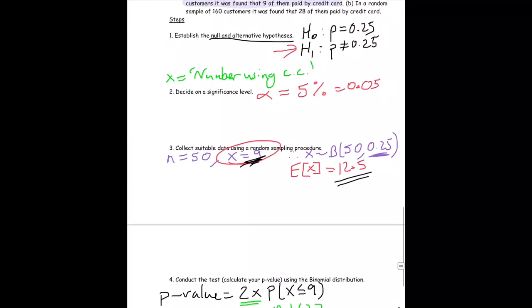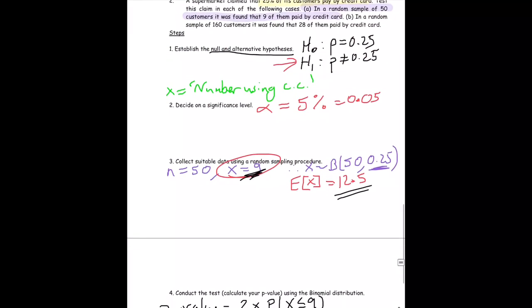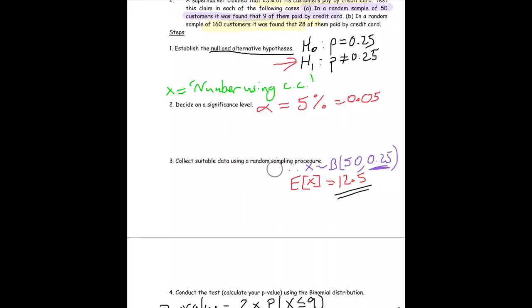Okay. So part B now, all that changes is that they change the sample size. So they ask 160 and 28 of them pay by credit card. So n is 160. The number of people that pay by credit card is 28.